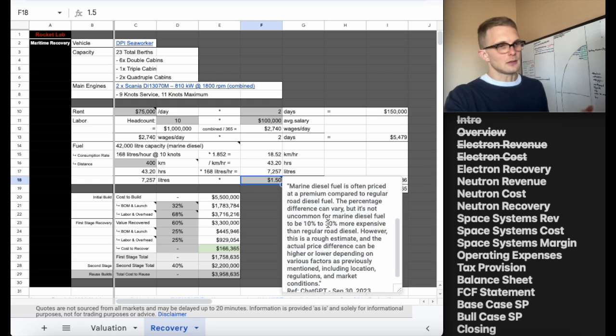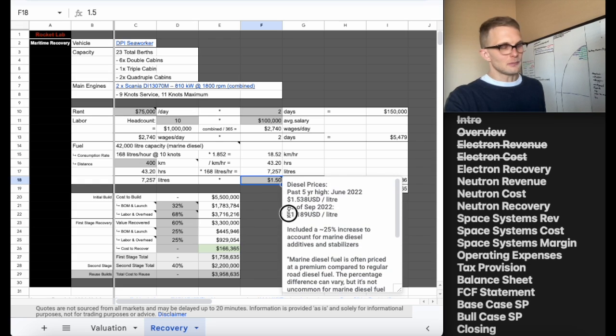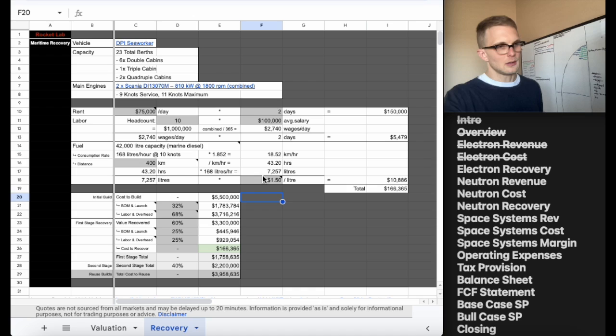So you can expect a 10 to 30% increase in that price to convert the regular diesel to being marine ready. So ultimately what we did here is we took the approximate 1.2 liters right now, gave that a bit of a premium, roughly a 25% premium, and ultimately we're landing at $1.50 per liter for the fuel now, which ultimately arrives us at about $10,000, $11,000 per fuel.